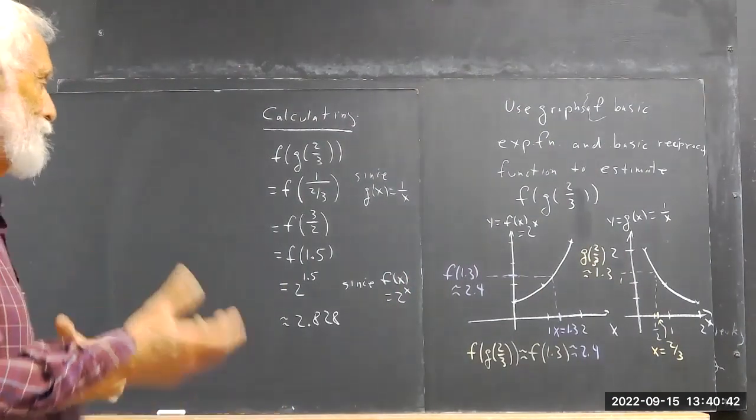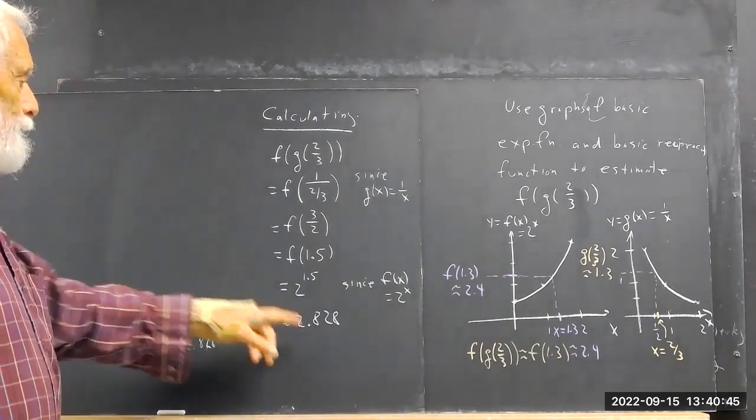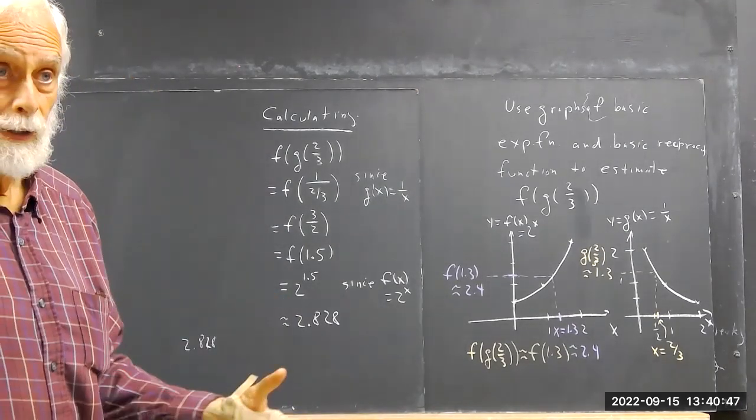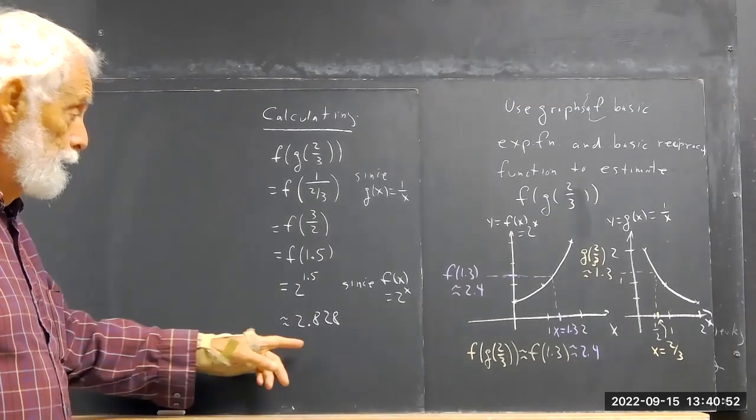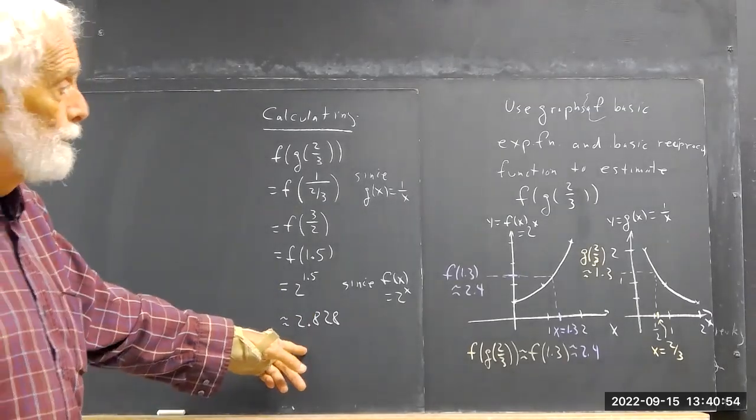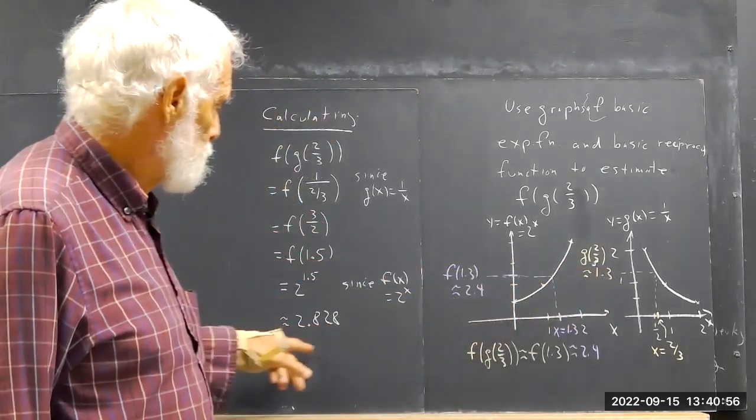Anyhow, I said it a little more slowly, but you get 2.828. Almost everybody had that on their calculator. A couple of people didn't have their calculators handy, but that shows you the estimating process.